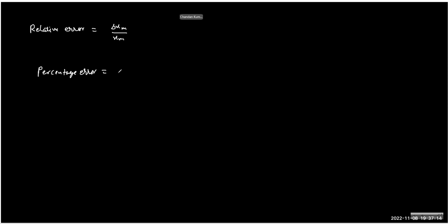Percentage error is basically a relative error expressed in percentage, and it is the percentage error which actually gives the right idea whether we should ignore such error or we should do the experiment again.